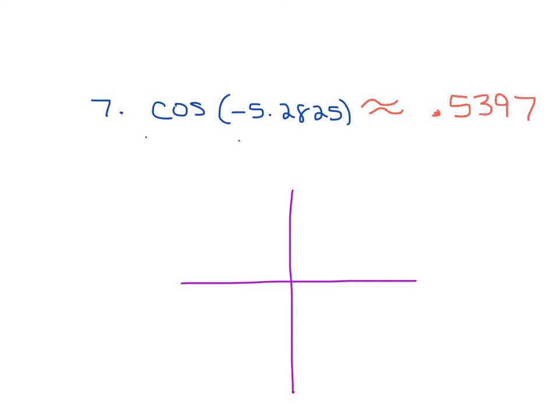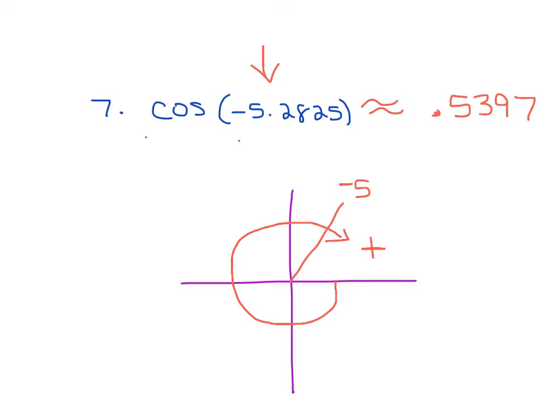Notice on this one, we started out as a negative number, but we ended up with a positive answer. The reason for this, again, is negative 5 radians is about here. So if I go around, negative 5.2 is going to end up somewhere in here, which is the first quadrant where everything is positive.